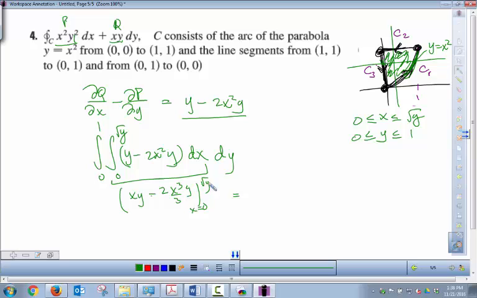So that's going to give me square root of y times y minus 2 square root of y cubed over 3 times y. So we can write this a little bit better. Y to the 3 halves minus 2/3 y to the 3 halves plus 1, 5 halves.